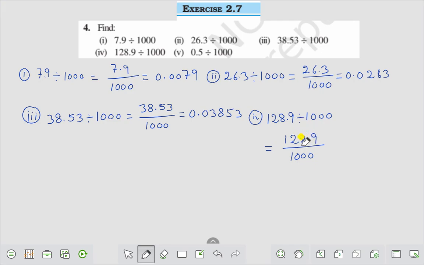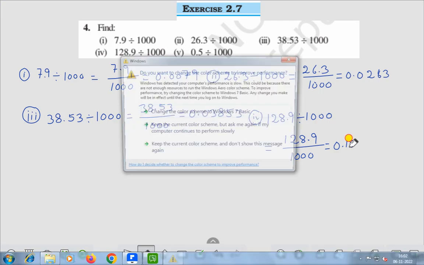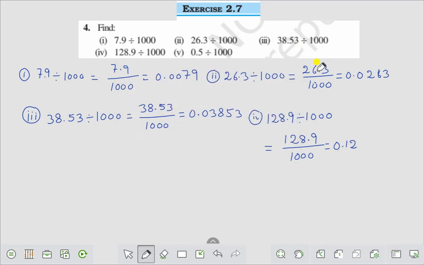Here there are 1, 2, 3. That means it can be written as 0.1289. Here you see the point was here, right? You have to shift the point 3 places to the left side. 1, 2, 3, right?